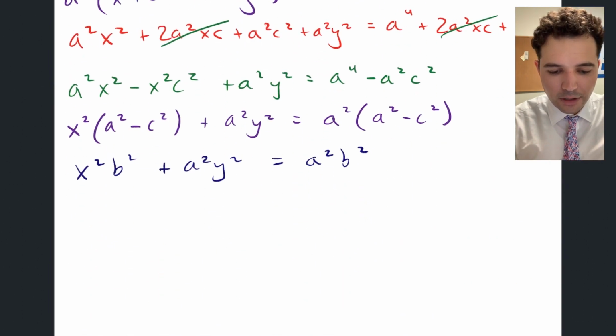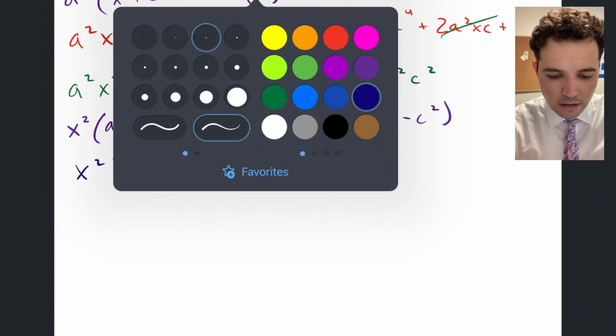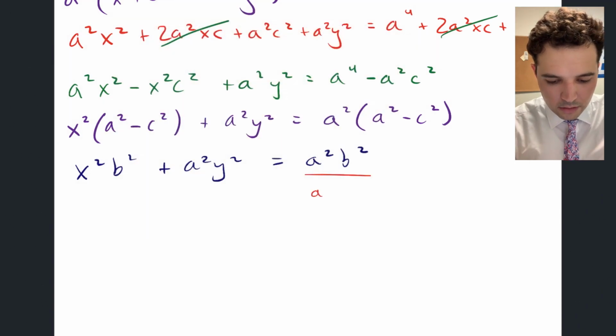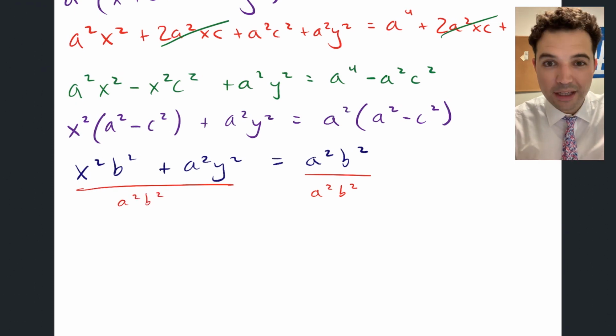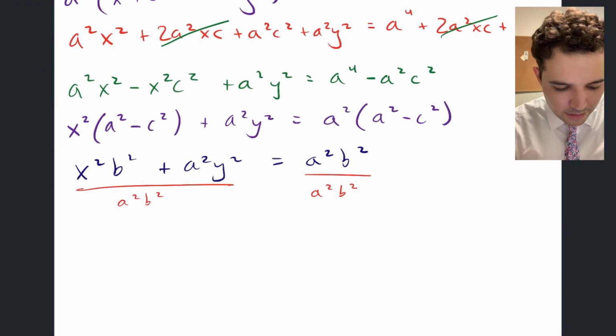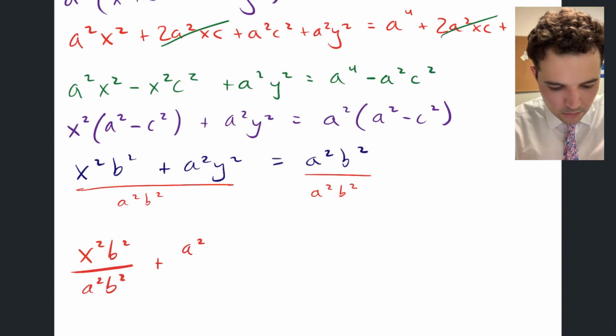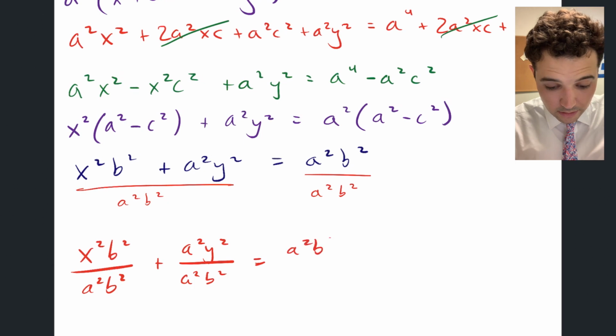I'm going to divide both sides by a squared times b squared. That gives us x squared b squared over a squared b squared plus a squared y squared over a squared b squared is equal to a squared b squared over a squared b squared.